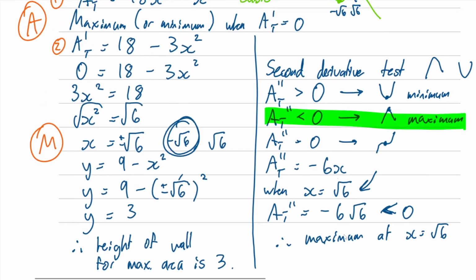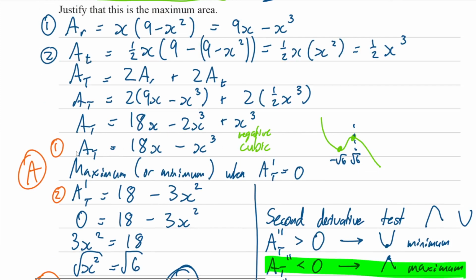We had to then justify that it was indeed a maximum for that x value and that y value. So I showed you the second derivative test where we calculate the second derivative, substitute in our x value of the supposed maximum, and since the outcome was negative, we can conclude it is a maximum.